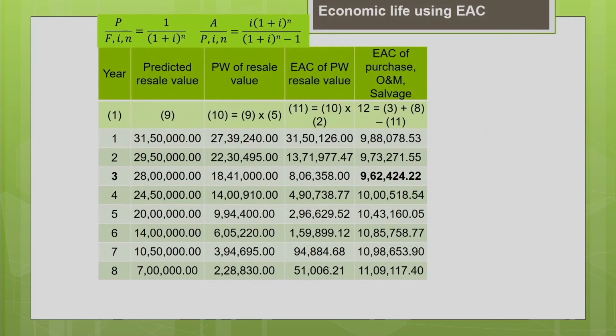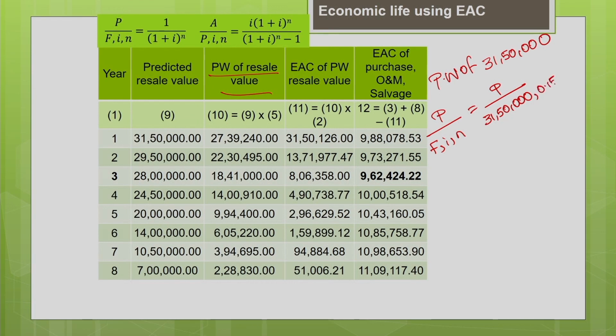First, calculate the present value of the resale value. How to find the present value of the resale value? Use the present worth factor. You are going to find P for the known F, I, N. The known F, the resale value, is 31,50,000. The interest rate is 0.15, and the year is 1. The present worth factor is 1 divided by (1 plus I) power n, so 1 divided by 1.15 power 1.